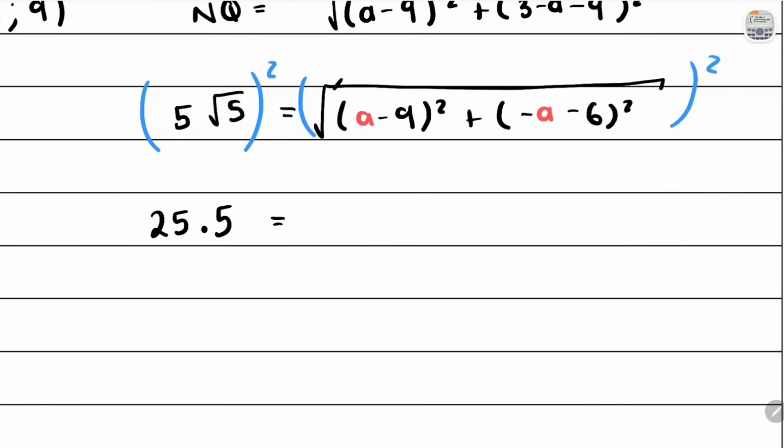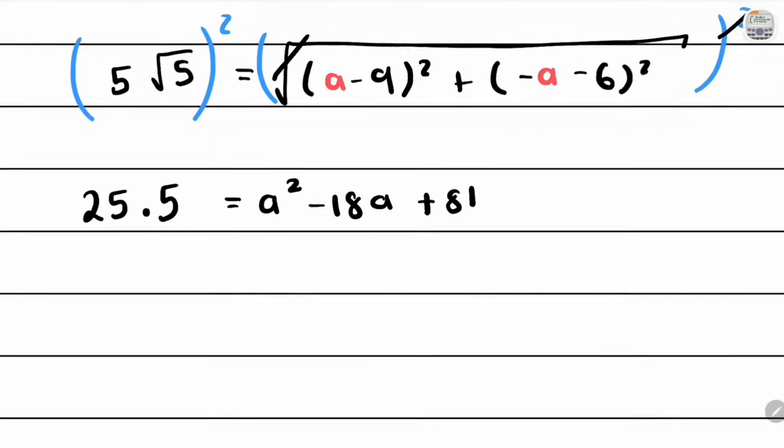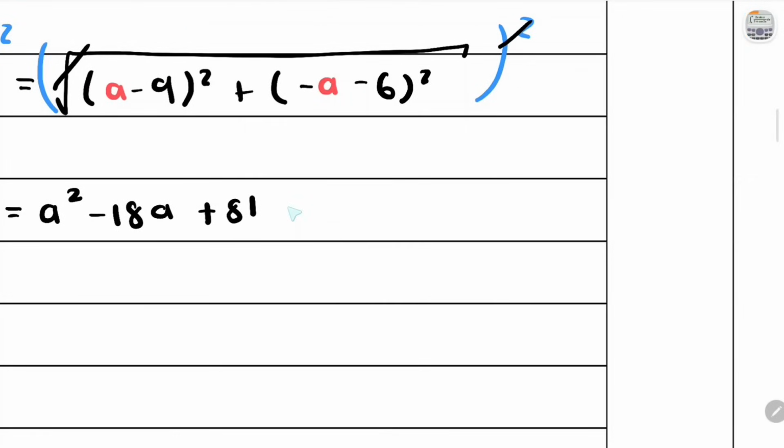The radical breaks open here, so we can just distribute. For (a minus 9) all squared, square the first term, that gives us a squared, square the last term, that gives us positive 81. First times second term is negative 9a, multiplied by 2, so that is negative 18a. Over here, square the first term, that gives us positive a squared, square the last term gives us positive 36, and first times second term gives positive 6a, times 2, that gives us positive 12a.